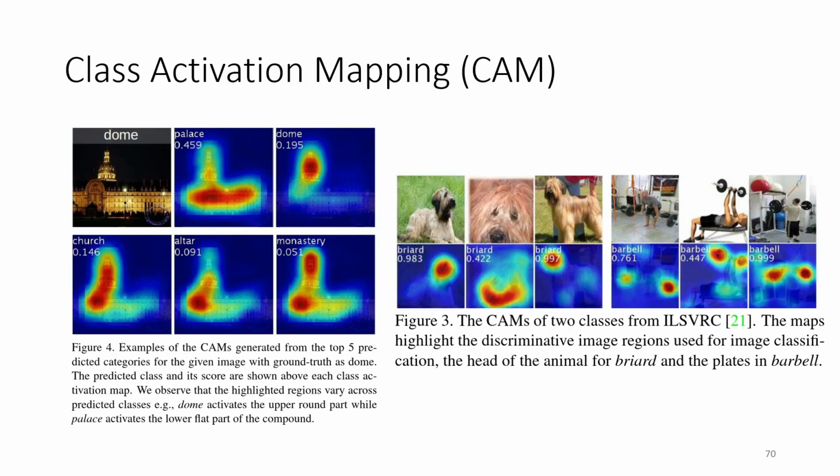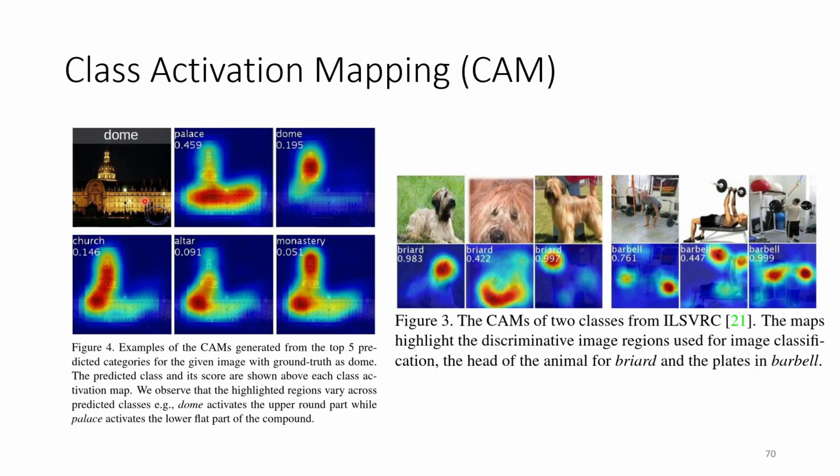So what can we do with class activation? This is the usage. Say this is a CAM map for this input image, and the image is trained on ResNet, where there are 1,000 classes. We know the scores for each of the classes, and we pick the top 5.